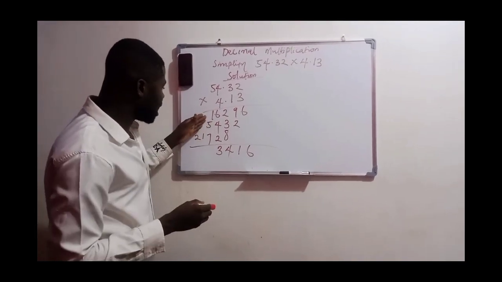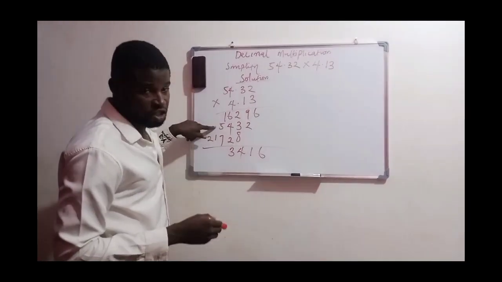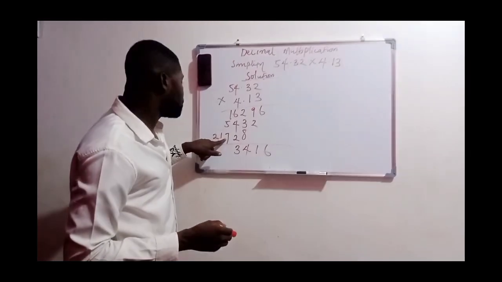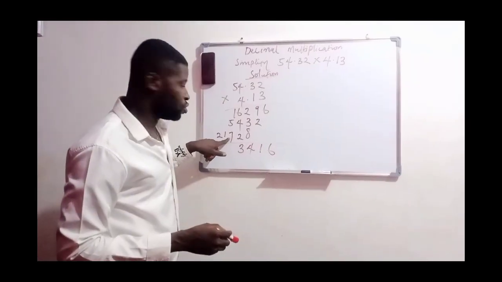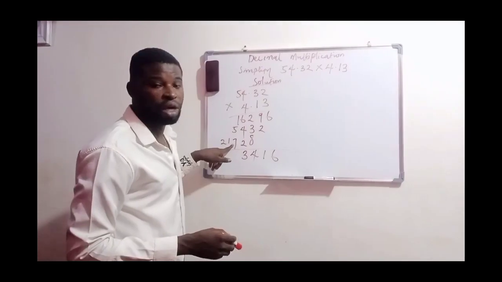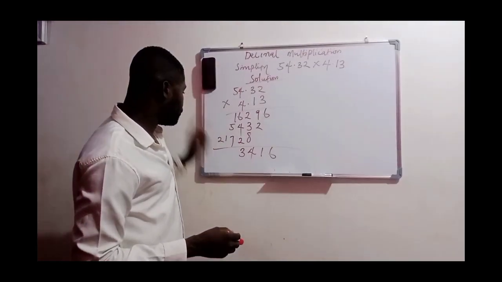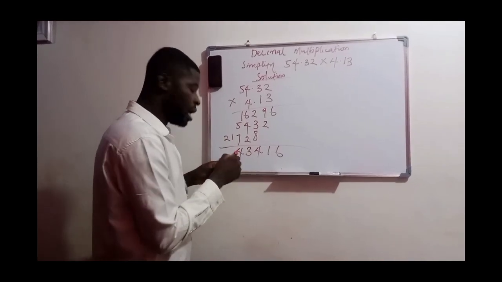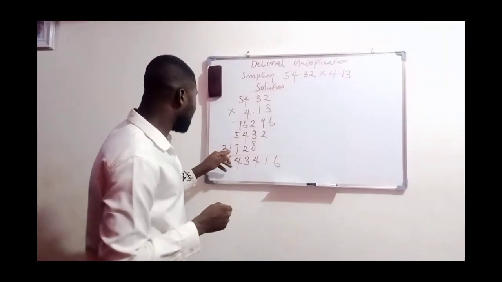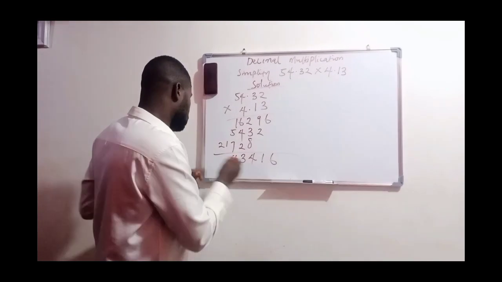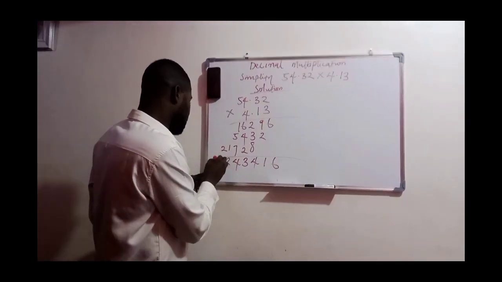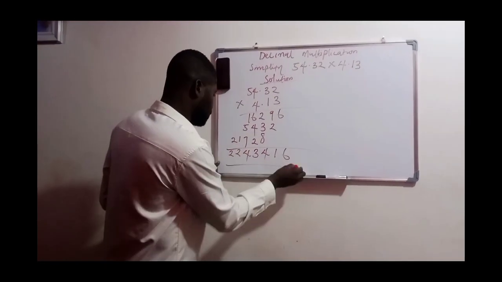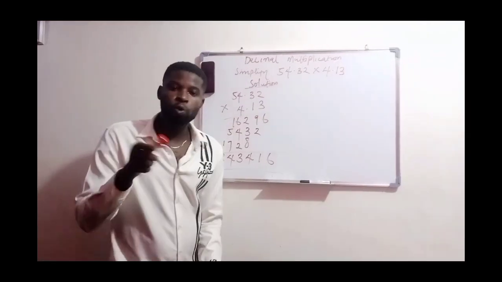Now, from this line also, 1 plus 5 is equal to 6. 6 plus 7 is equal to 13. 13 plus 1 is equal to 14. That is, you write 4, remainder 1. Now, 1 plus 1 is equal to 2. You bring back 2. Now, here is the main work.